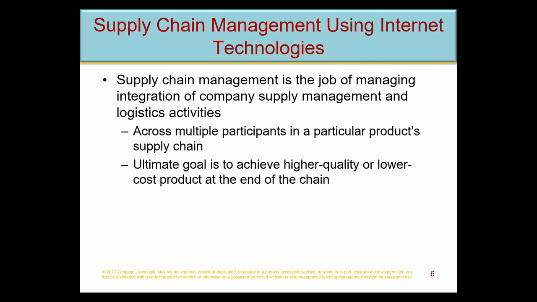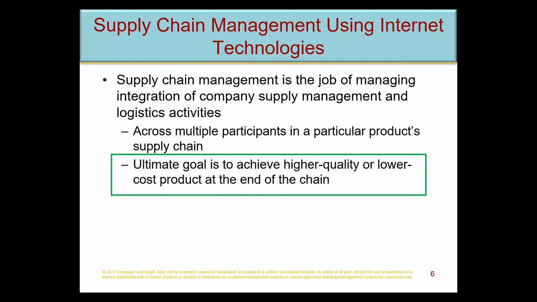So again, as we said, supply chain management is the job of managing everything that's going on. And really, the key here is that you want to achieve higher quality or lower cost product at the end of the chain. Or in my case, I would say achieve higher quality and lower cost product at the end of the chain.